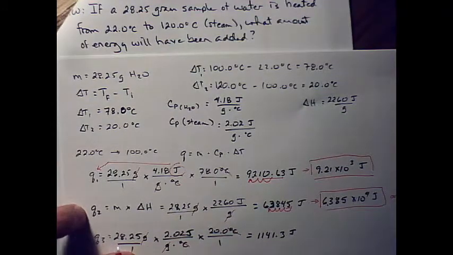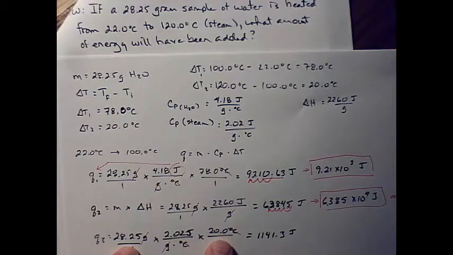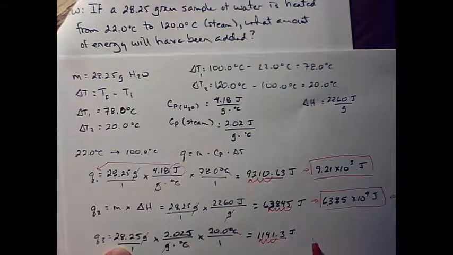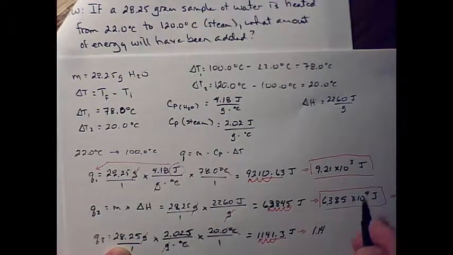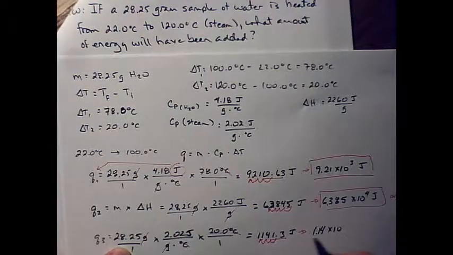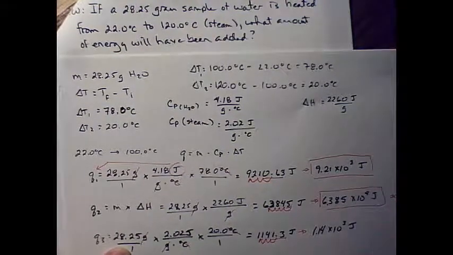This measured number has 4. Those are the 3 numbers that matter when we're figuring out significant digits here. So we need our final answer to have the same number of digits as the measured or calculated number with the least digits. Round off those, 1, 2, 3. Our decimal place is going to move 3 places to the left. So I got 1.14 times 10 to the 3rd joules.